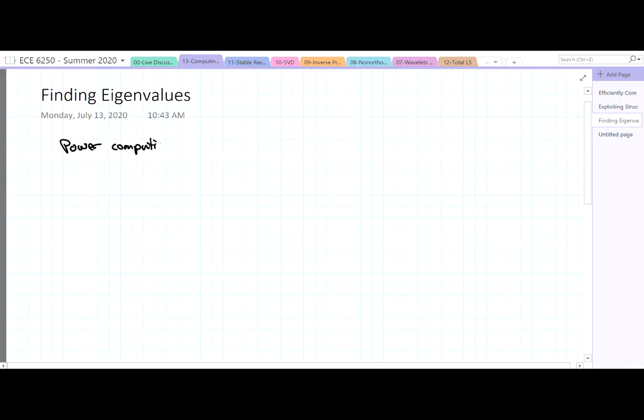Now this is an iterative way to compute eigenvalues, but it's fun to do in MATLAB. Try this out and see how it works.